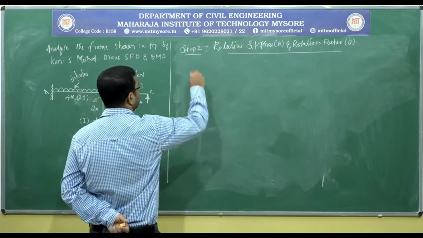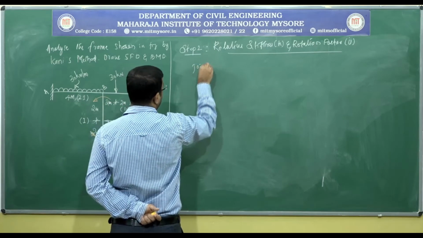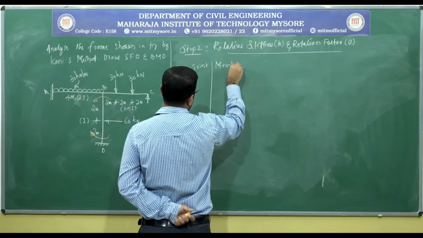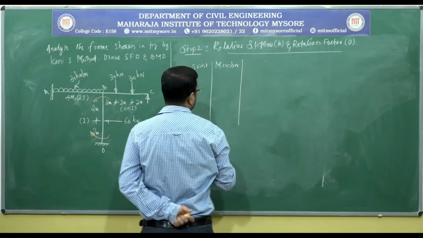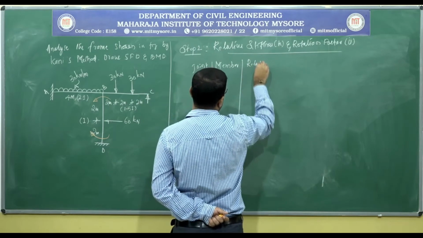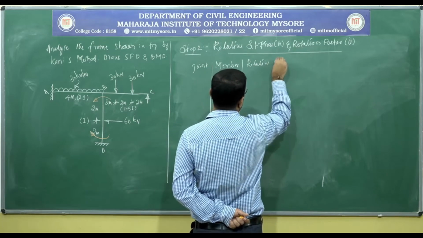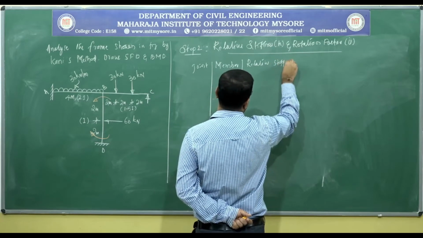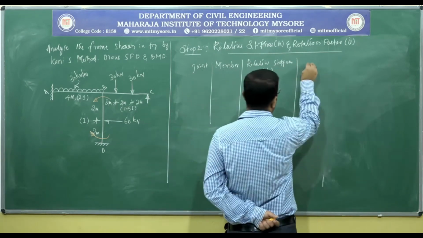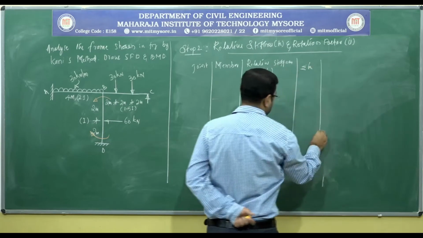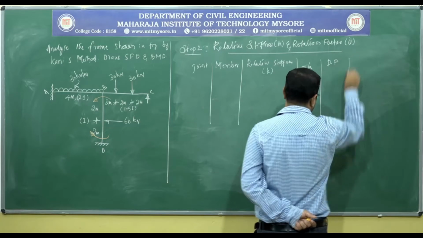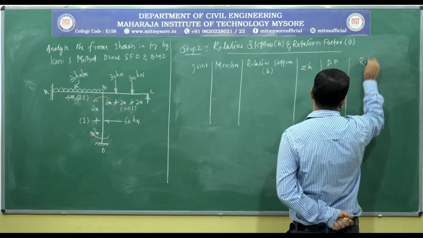So we are very well aware about the table, how to form the table to calculate these things. So first we are noting the joints, then members, then we will be estimating the relative stiffness, that is the value of K. Once we have the value of K, then we will be estimating the total K at a particular joint, then distribution factor, and at the last rotation factor.